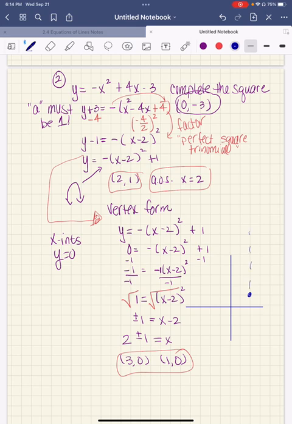Axis of symmetry. Remember, a is negative, so it opens upside down. (3, 0), (1, 0). And then we said the y-intercept was negative 3. Reflect it over. And there's my very poorly drawn graph.